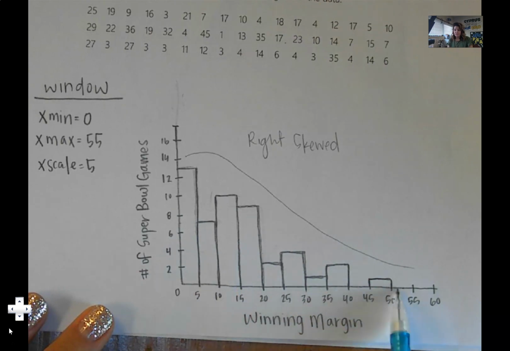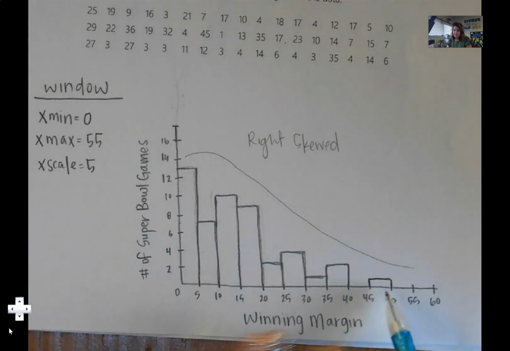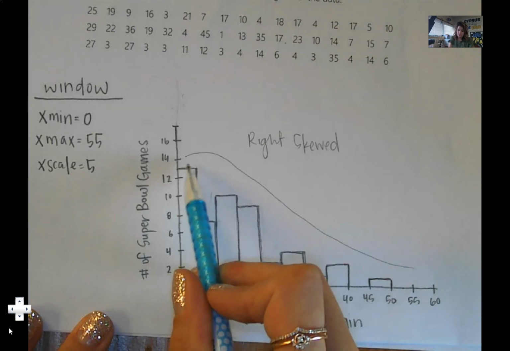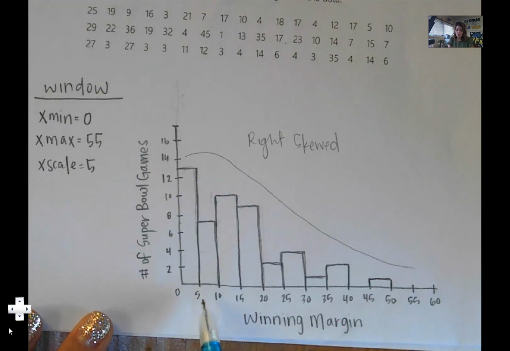and that not very much data is in the higher margin, because like this is where one game had a winning margin between 45 and 49. Like that team got killed, whatever Super Bowl that was. So this makes more sense that the winning margin would be like the biggest bin is 0 to 4.